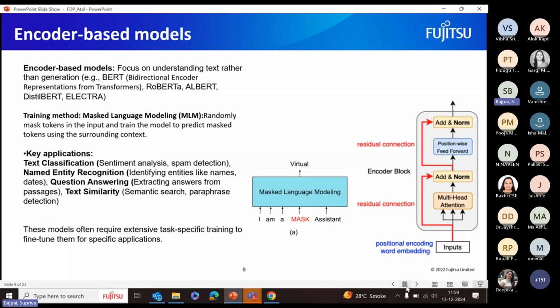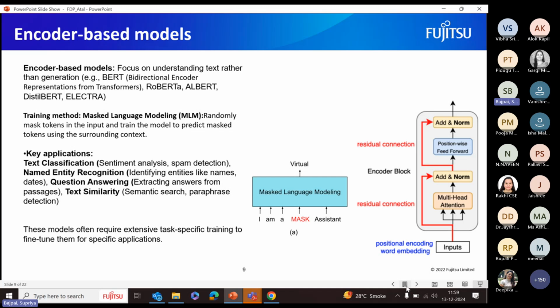Second is named entity recognition. This task involves identifying specific entities in the text, like people, locations, and dates. For example, take a sentence like "Albert Einstein was born in some place in March, on some date."